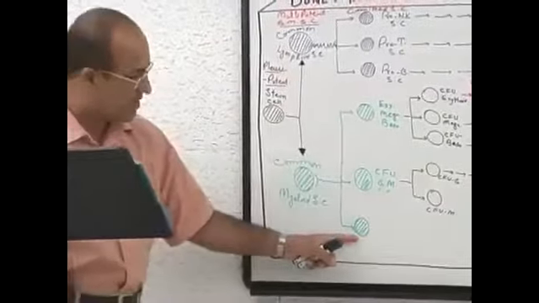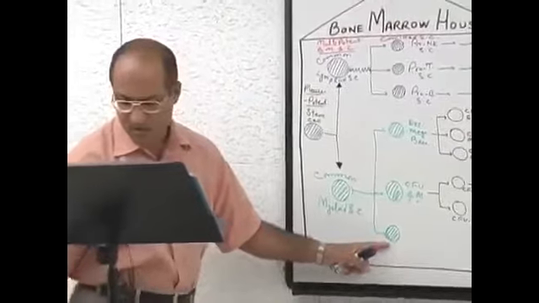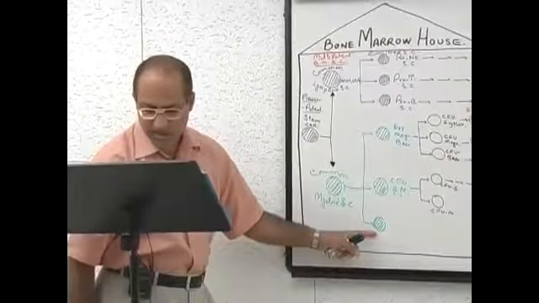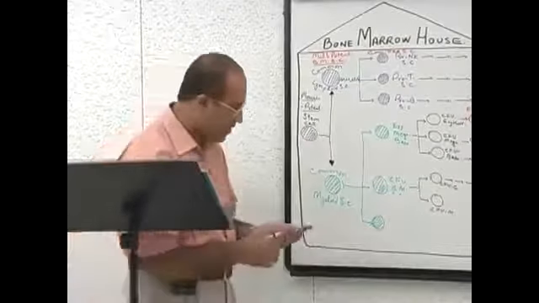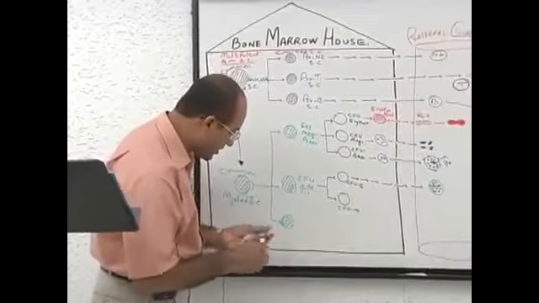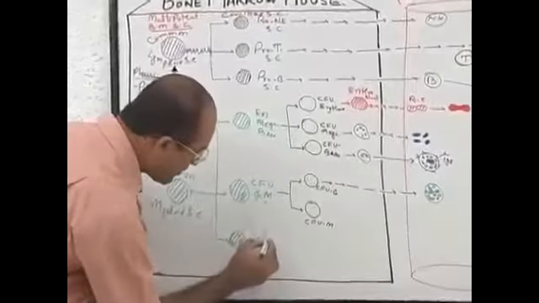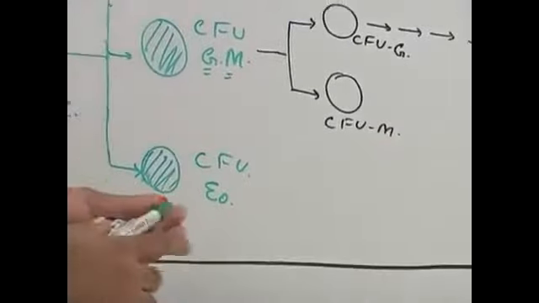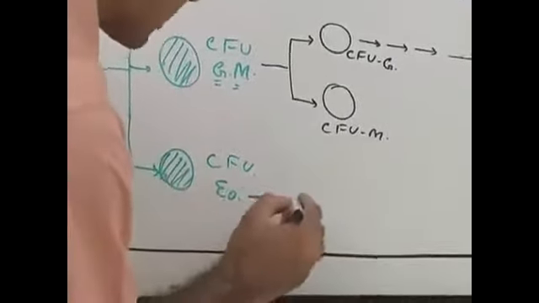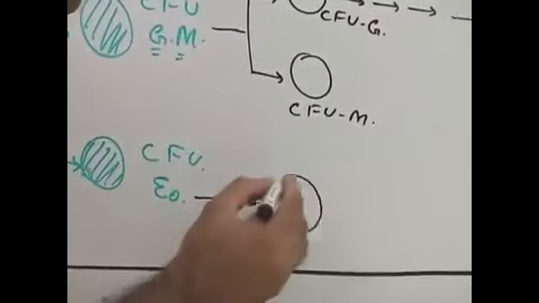This last committed cell in the myeloid series is basically a colony forming unit for eosinophils, and they eventually produce the recognizable precursor cell.